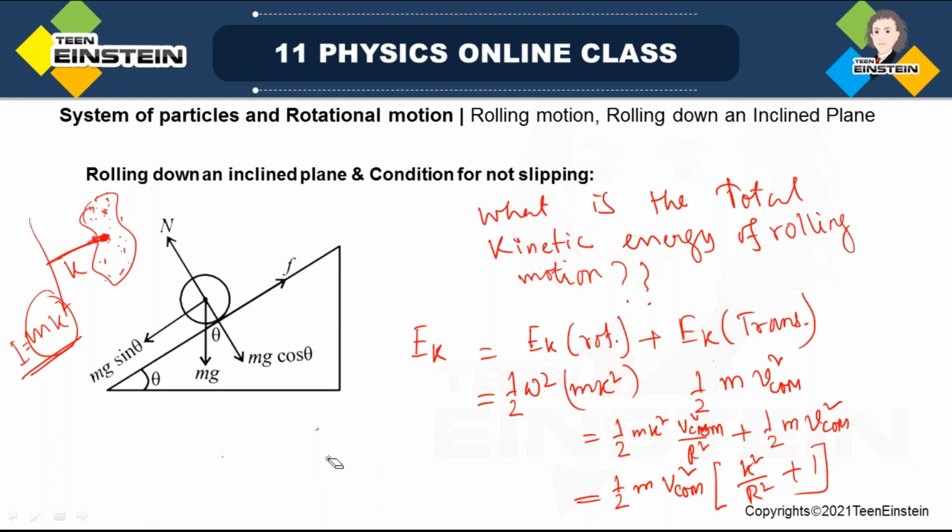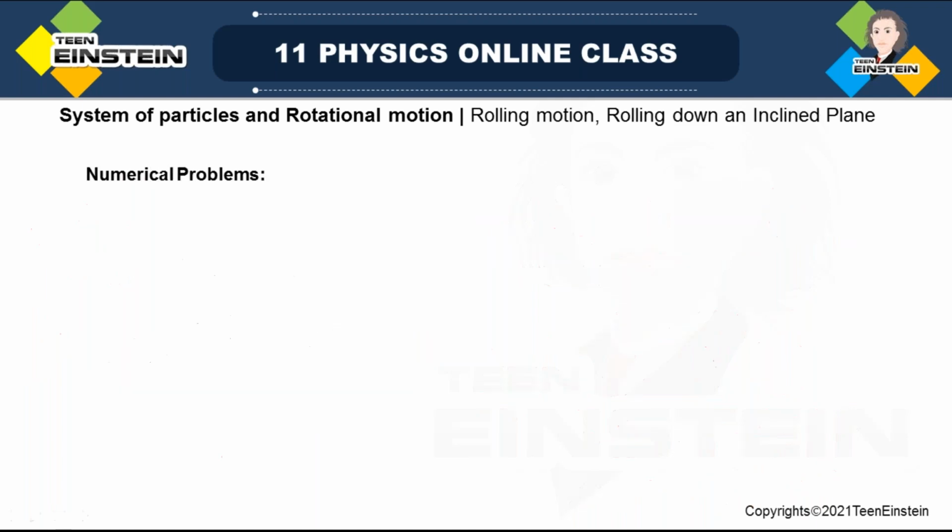I'll just take up one simple problem to conclude with. What we have got is total kinetic energy, half m VCM square into 1 plus k square, that is radius of gyration square, by R square. R is the true radius, the distance from the axis of rotation to the mass distribution.